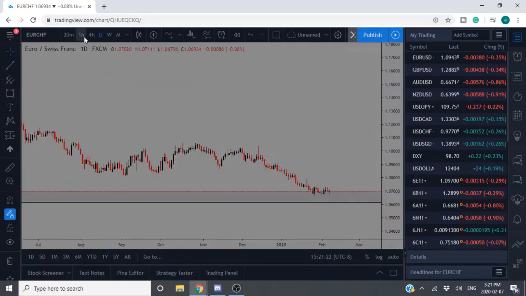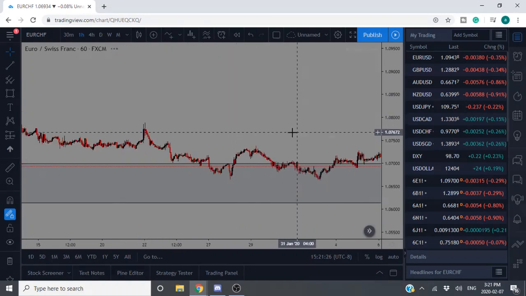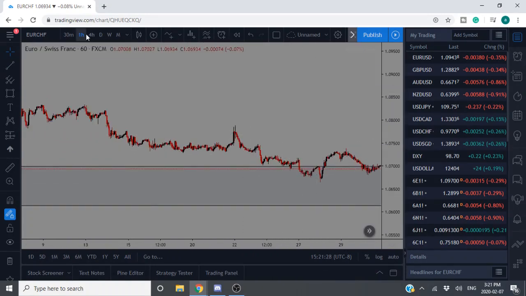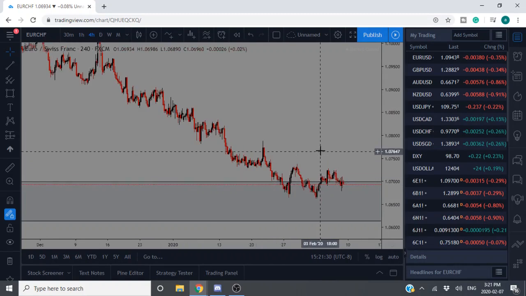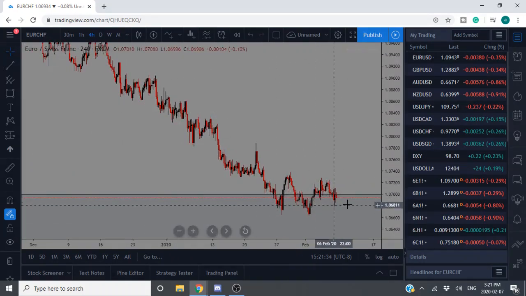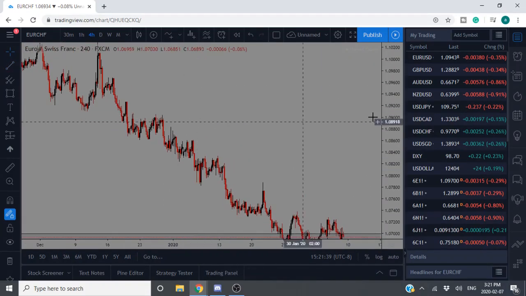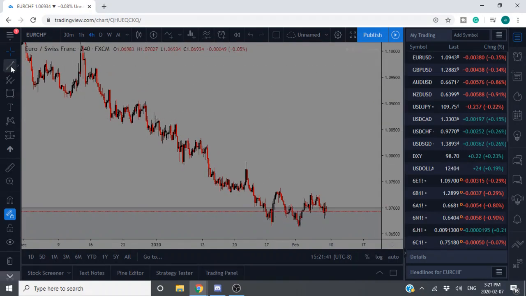If we go down into the smaller time frames, let's just go down to the 4 hour. Why do I think that price is going to start changing and start going sideways and then turning up? Well, if we use multiple time frame analysis, let's take a general area and draw a channel.